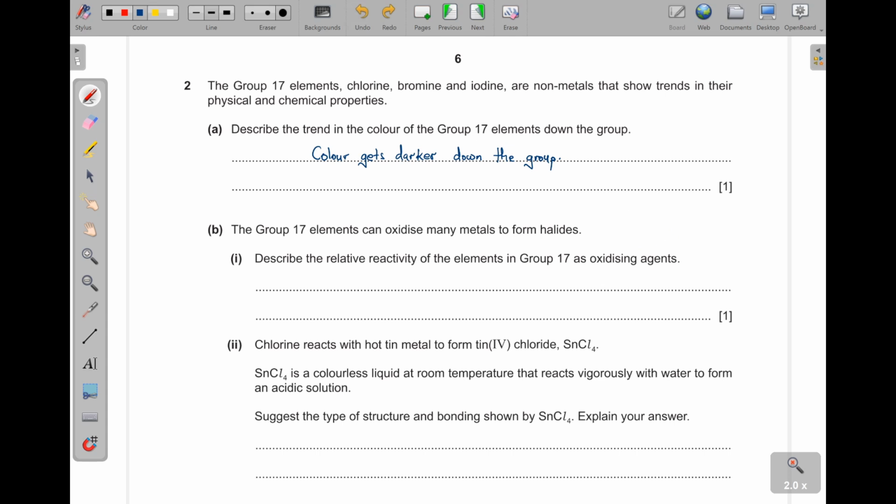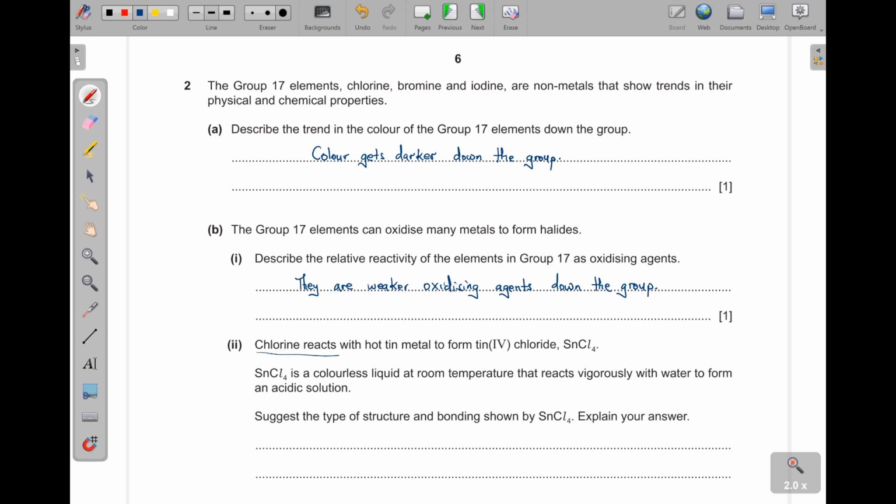So we shall say that down the group they are weaker oxidizing agents, or stronger reducing agents. As simple as that.